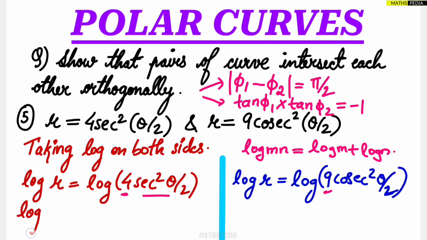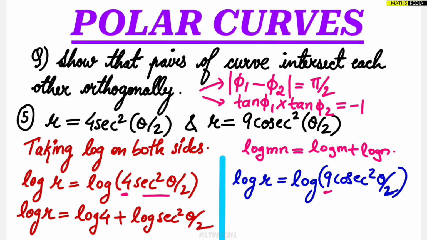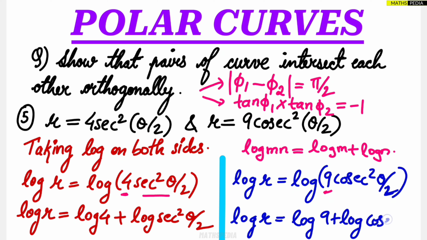So the log r will remain as it is, equal to log 4 plus log secant square theta by 2. Here also same thing, log r as it is, log 9 plus log cosecant square theta by 2.